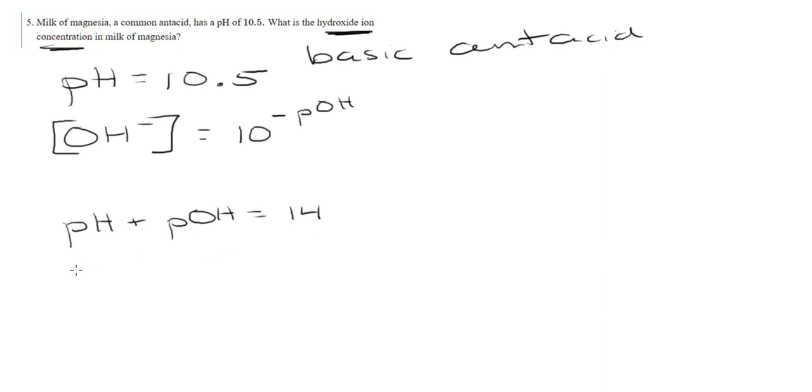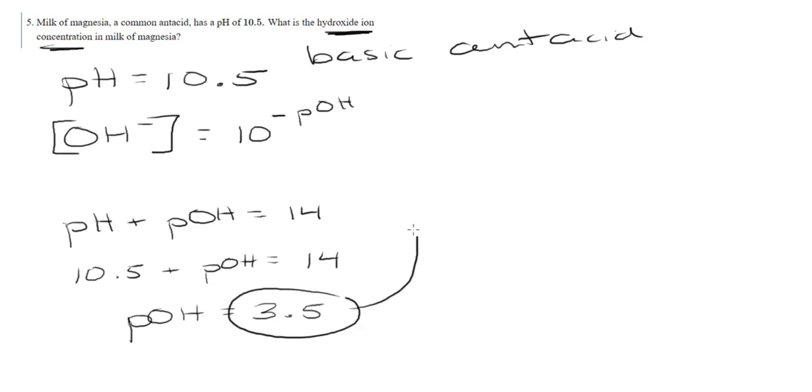And so if pH is 10.5 and adding that to pOH makes 14, all I have to do is 14 minus 10.5 and I get 3.5. So pOH equals 3.5. I can take that number and plug it in right up there.